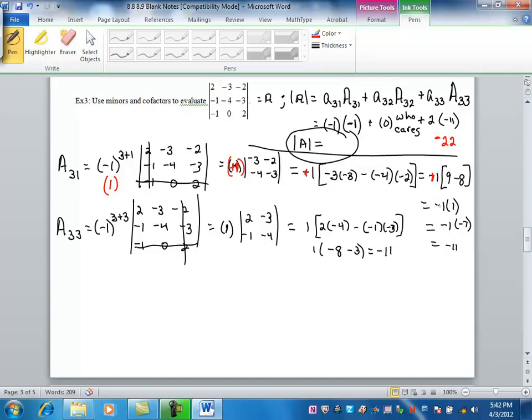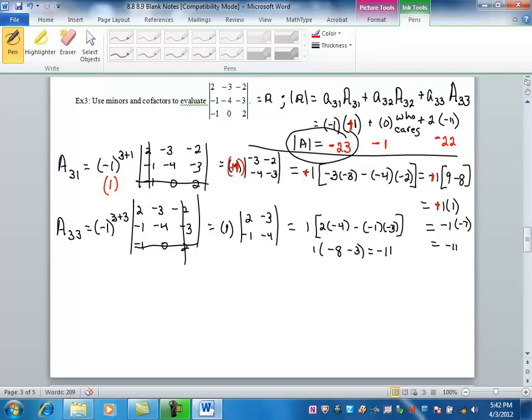So this makes this right here a positive 1. So negative 1 times 1 is negative 1 minus 22 gives me a determinant of negative 23. So take a minute. I apologize there for the oversight.